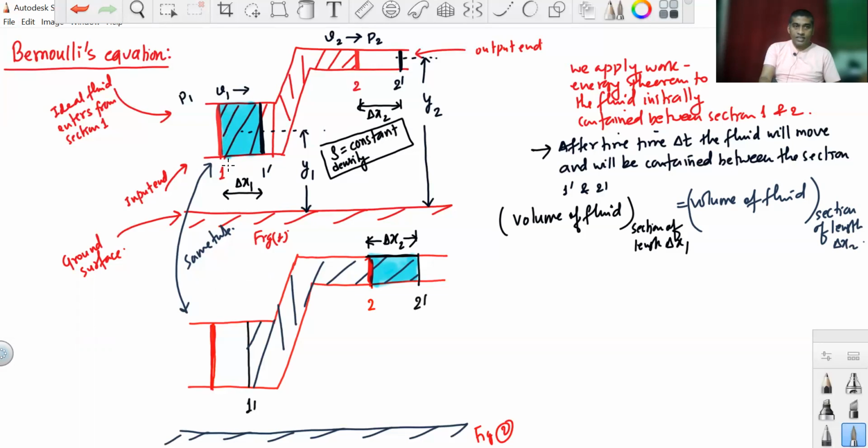So we find the volume of fluid between section 1 and 1 dash equals the volume of fluid in between section 2 and 2 dash.